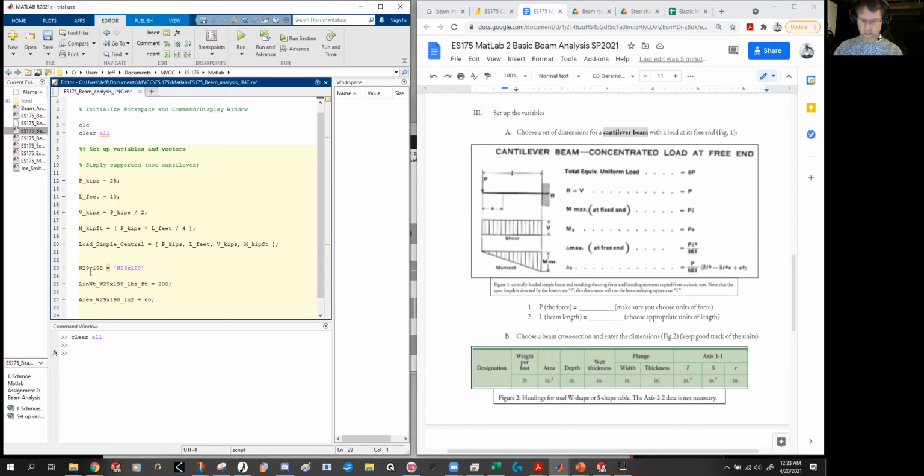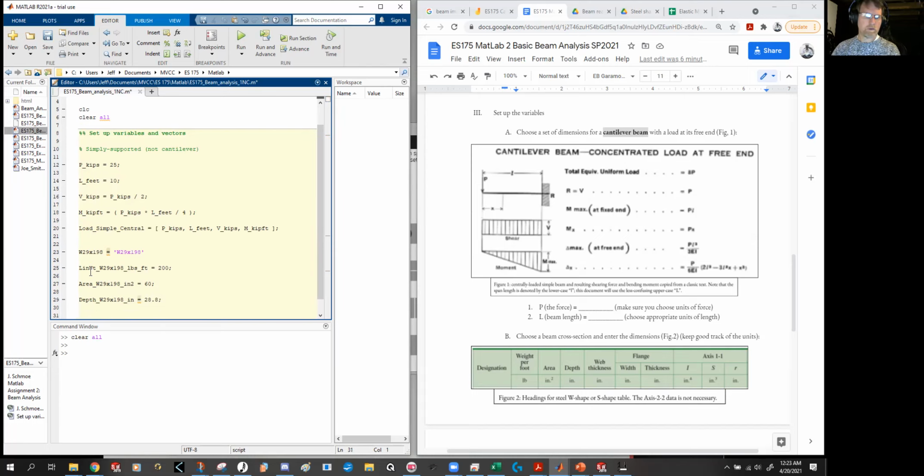Okay, next, depth, and that's going to be in inches, 28.8. And then web thickness, so just call it web thick.